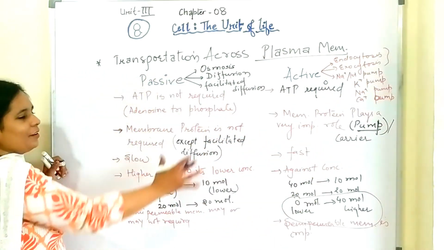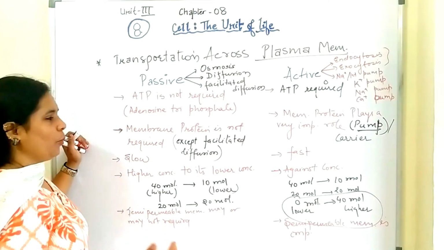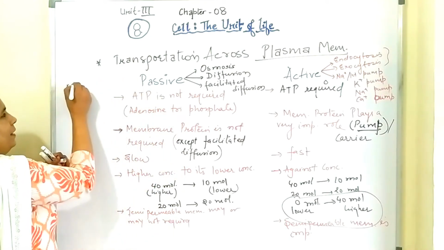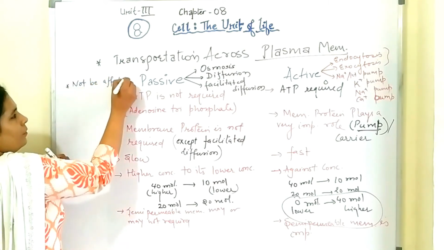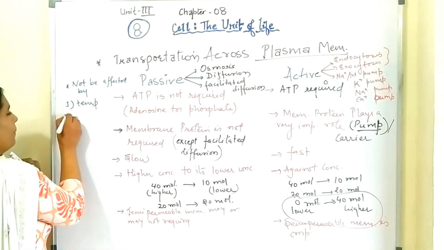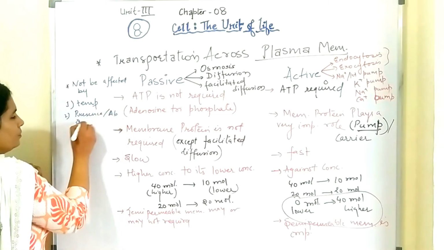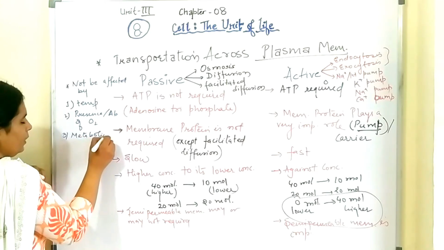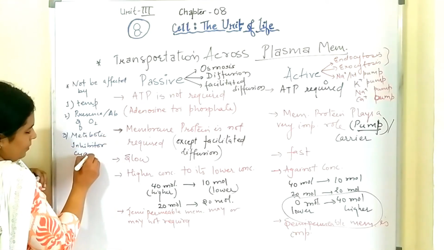As you know, in passive transportation the membrane proteins are not acting much or are not that much required. So this process will not be affected by temperature, presence or absence of oxygen, or metabolic inhibitors like cyanide.